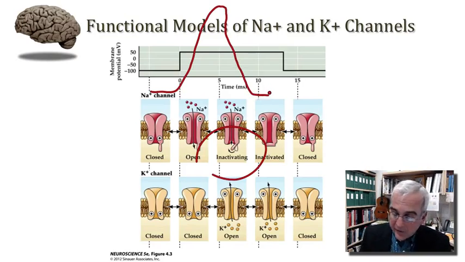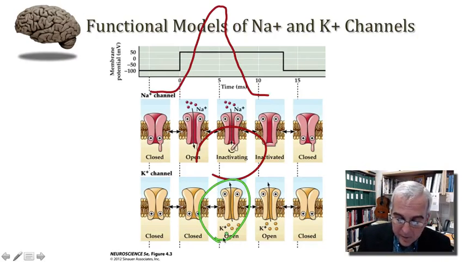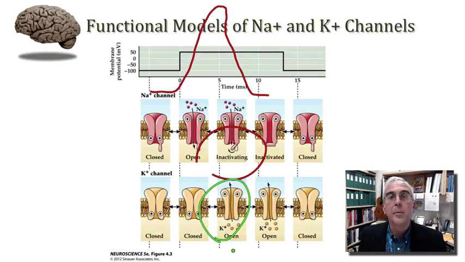Now, at about this time, our potassium channels are opening up more consistently. That is, the probability of channel opening is greater, and more potassium channels are in fact in the open configuration, allowing for potassium to flow out of the neuron, contributing to repolarization and eventually the undershoot of membrane potential.